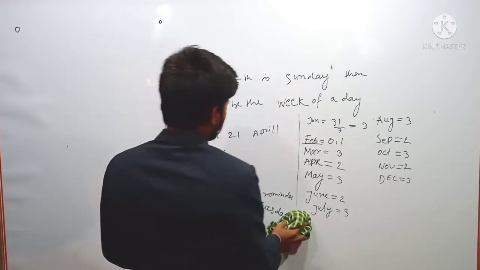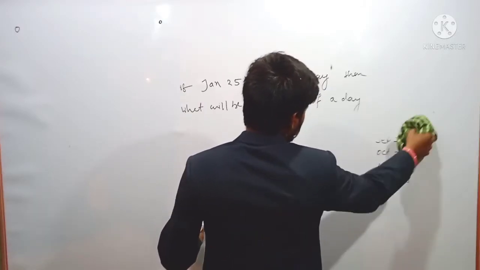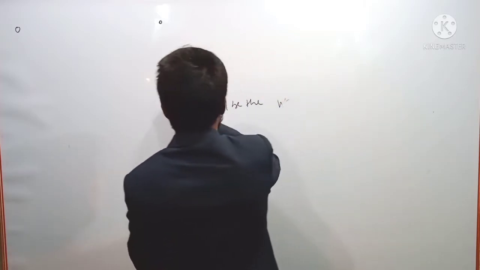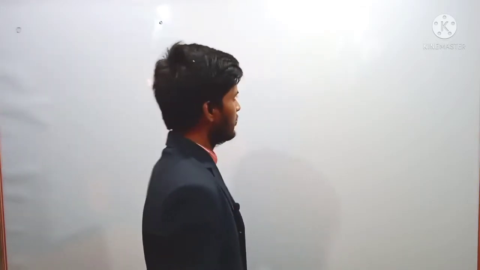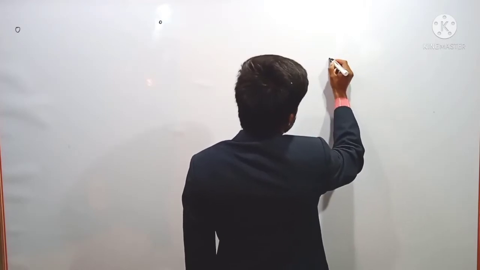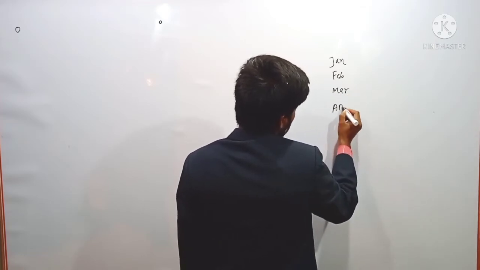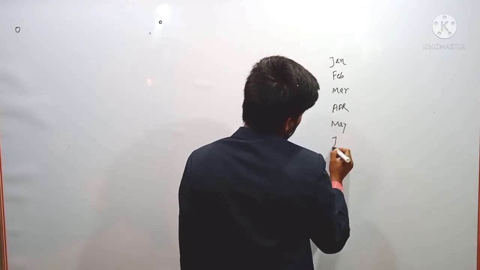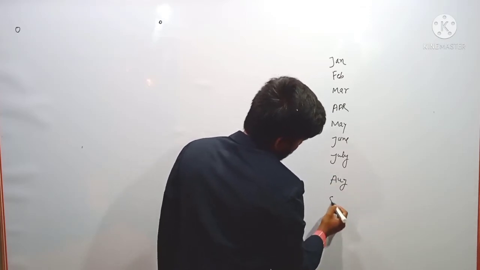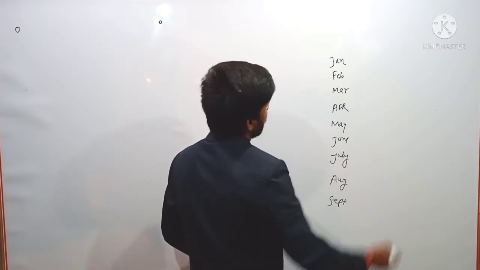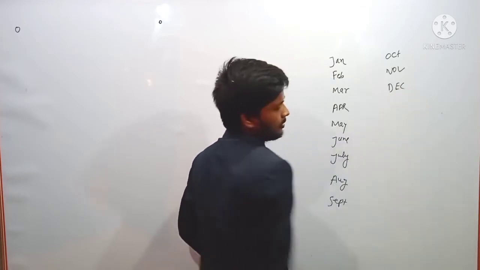Let us take another question. Remember a few codes: January, February, March, April, May, June, July, August, September, October, November, December.